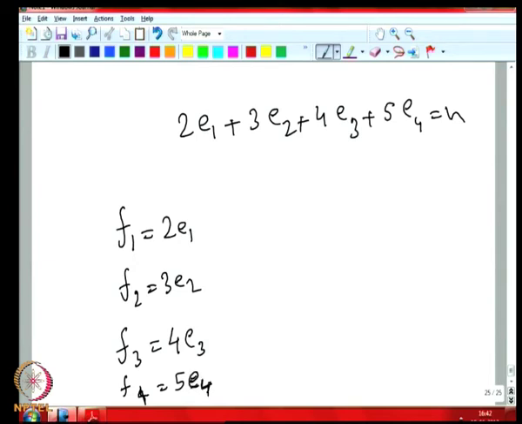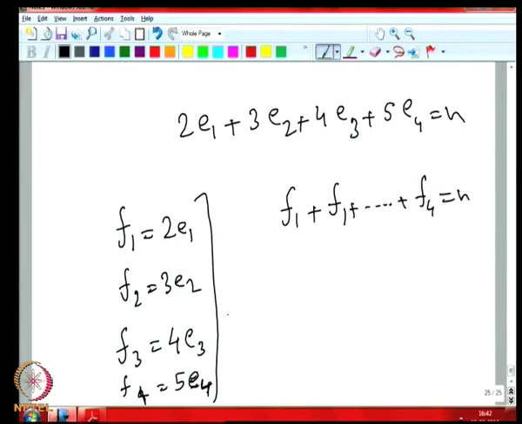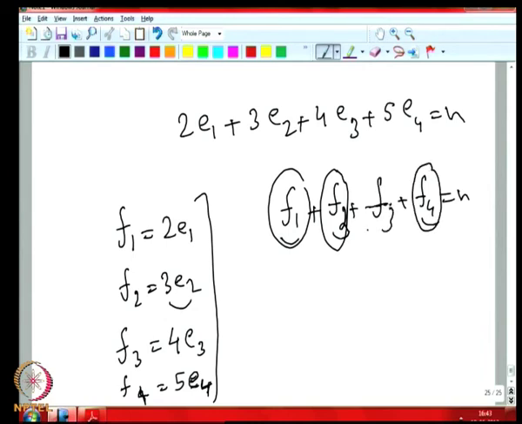So, for E1, E2, E3, E4 we have just the condition that they are non-negative integers. But now we are looking for the solution of F1 plus F2 plus F3 plus F4 equal to n, where F1, F2, F3, F4 have some extra conditions, namely F1 has to be a multiple of 2, that is an even number, F2 has to be a multiple of 3, F3 has to be a multiple of 4 and F4 has to be a multiple of 5.